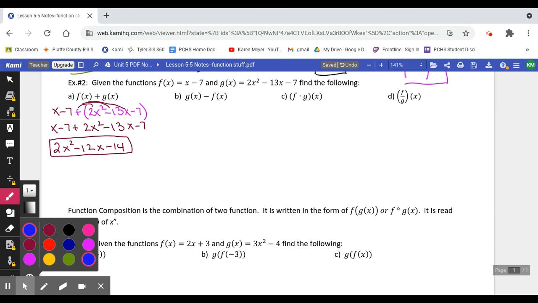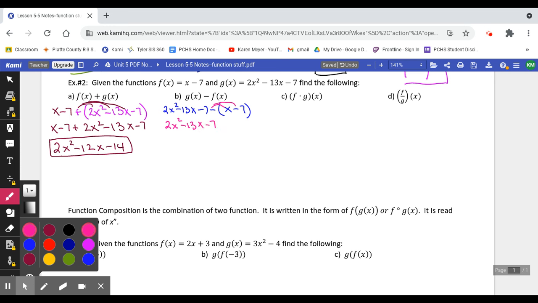Let's go on to subtraction. So we're going to take g of x, which is 2x squared minus 13x minus 7, minus, and then I'm going to put in parentheses everything I'm subtracting, which is x minus 7. Now, if I distribute a negative sign or subtraction sign, that does change things.